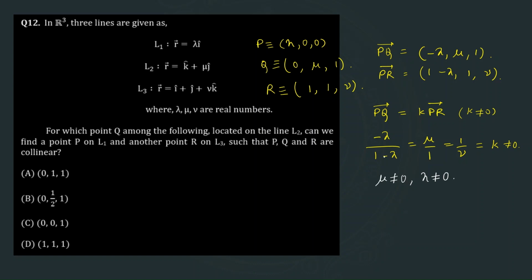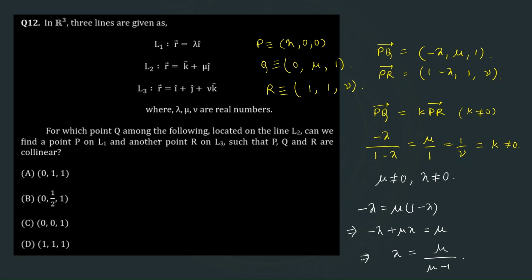Now from these relations we can find the value of lambda. This will be minus lambda equal to mu times 1 minus lambda. That means minus lambda plus mu lambda equal to mu, or lambda equal to mu divided by mu minus 1.